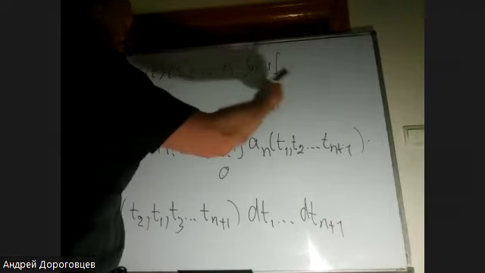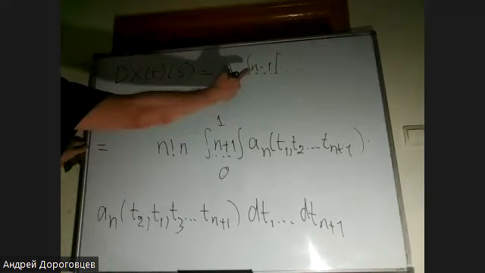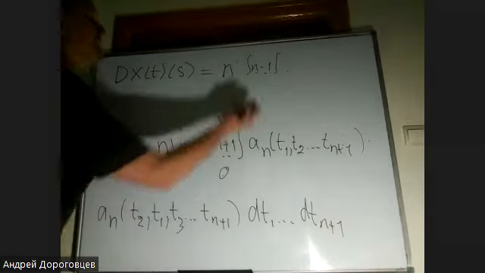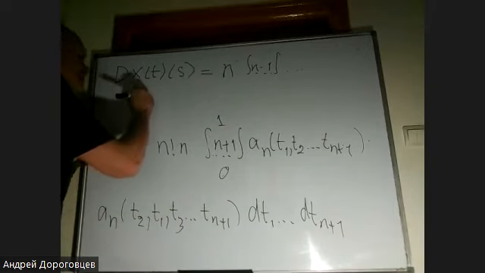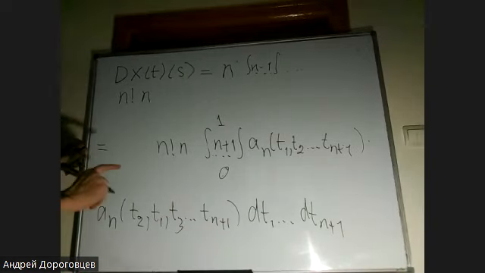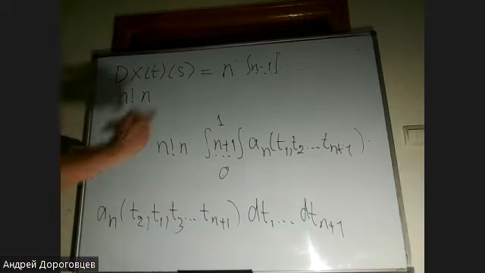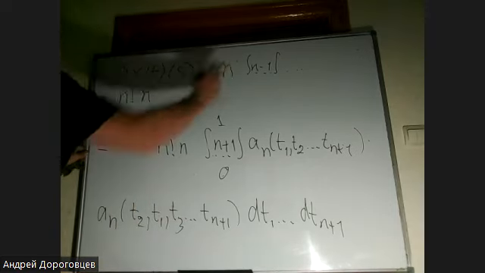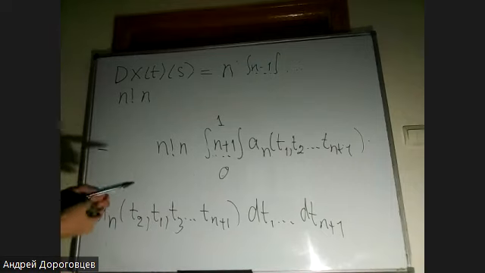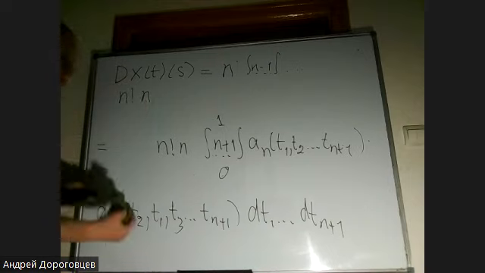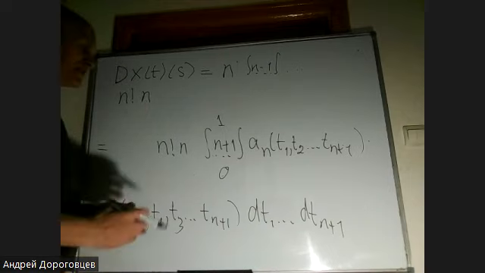Then when we calculate its expectation, as you remember, we get n factorial multiplied by n. It's exactly because of this, since it will be squared. So everything is right, and we get the second summand from our representation.